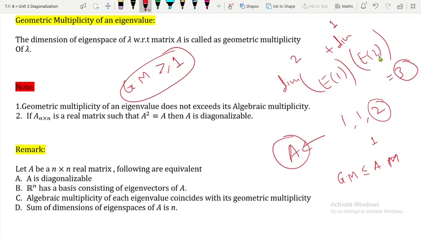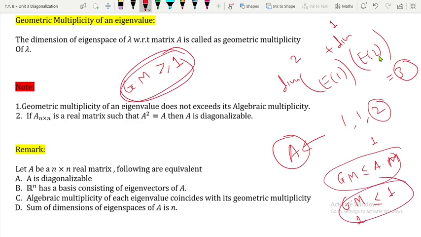Now, since the AM of eigenvalue 2 is 1 and GM is always less than or equal to AM, GM for eigenvalue 2 will be less than or equal to 1. So GM is at most 1 on one side and at least 1 on the other side. So GM should be equal to 1.